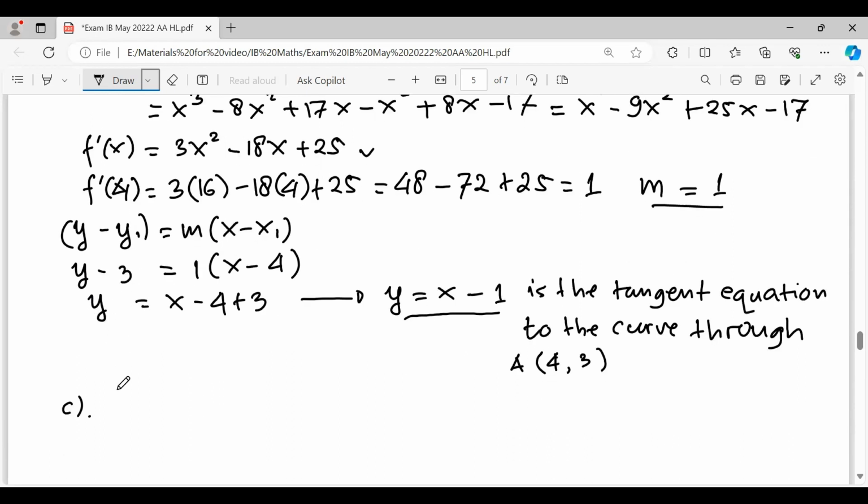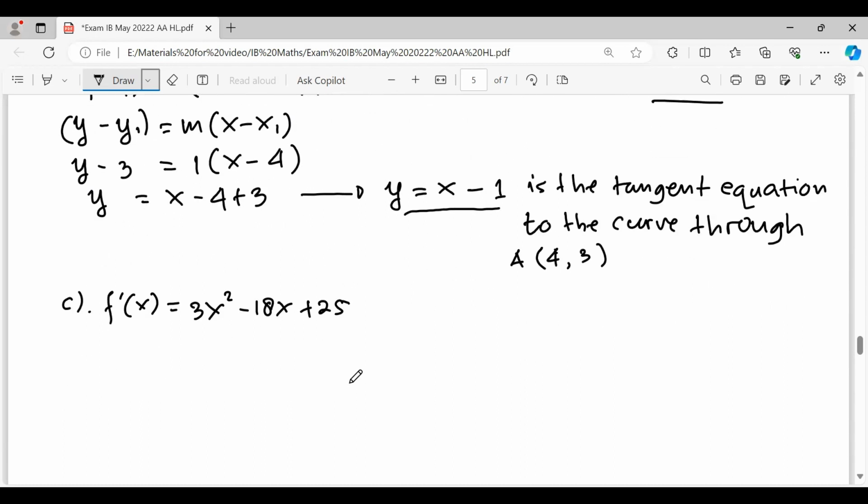Okay, this derivative is 3x squared minus 18x plus 25. So assume that it equals 0. So it means a equals 3, b equals minus 18, and c equals 25.